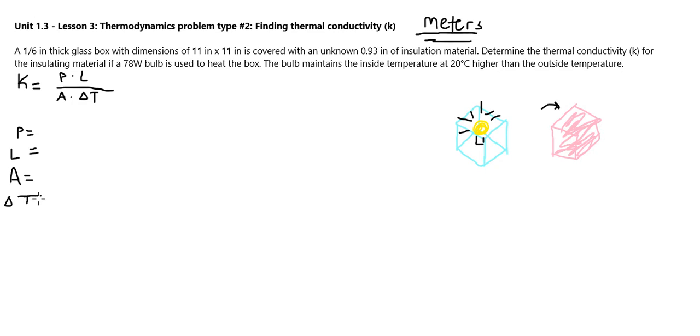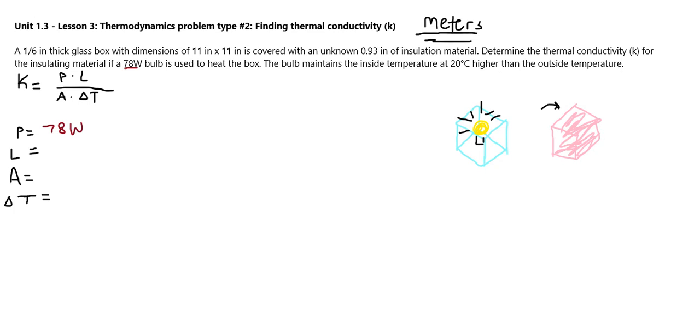So first, what's P? Well, P is power, and that is simple. We already know what that is. That is going to be 78 watts. That's right off the bat. That's the power, 78 watts. It's coming from the bulb.